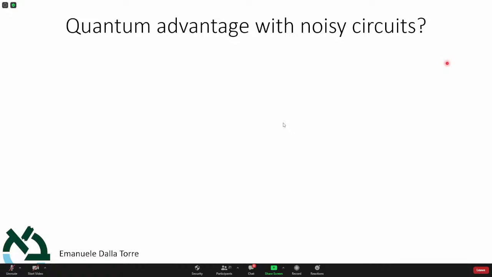I think the question is why are we using microwaves, right? Eventually, the superconducting circuits are tuned by microwaves, and you can say, why don't you use optics? So the answer, let me first tell you what is the big challenge. The big challenge in using optics is that it is maybe easier to create interesting quantum states of light, like a single photon state, because you don't have noise, right?